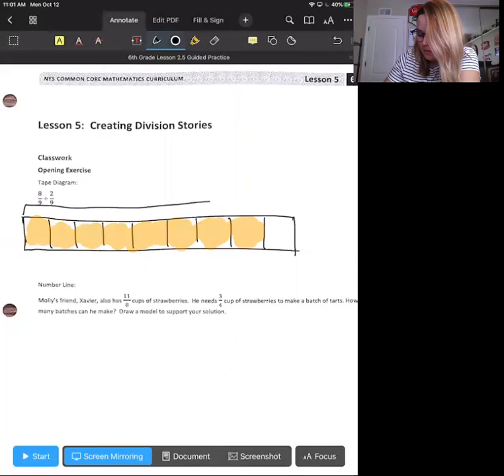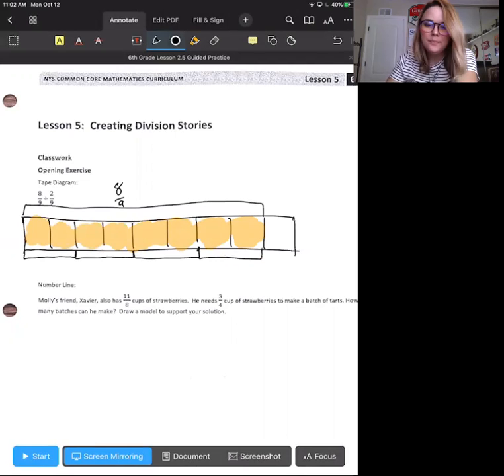So this is 8/9. And then we're going to divide our 8/9 into groups of 2/9. So we have 1, 2, 3, 4. So since we can divide our group of 8/9 into 4 groups of 2/9, that tells us that 8/9 divided by 2/9 is equal to 4.